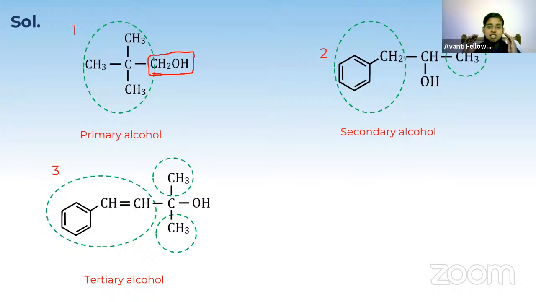Under which classification will it come? Tertiary alkylic, tertiary allylic and tertiary benzylic. Which is the correct answer? Very good, Rakshit. It is a tertiary allylic system. Good, Bishan. Tertiary allylic system. Great. What about the fourth compound?